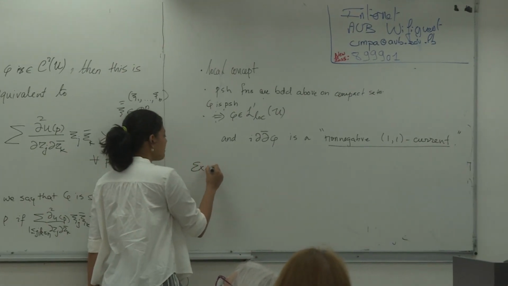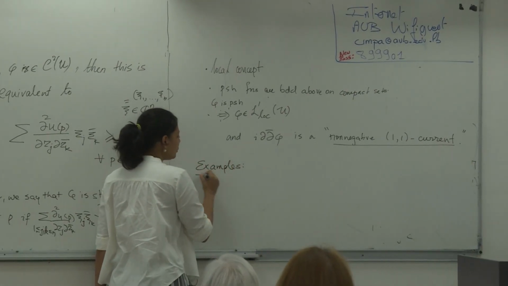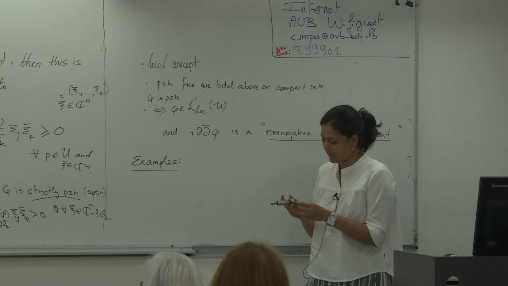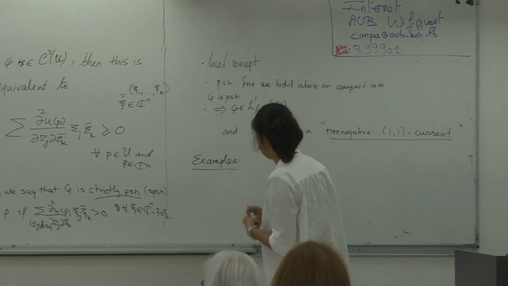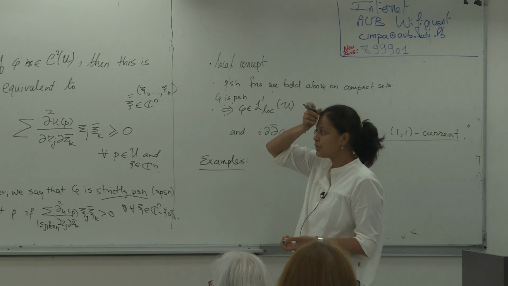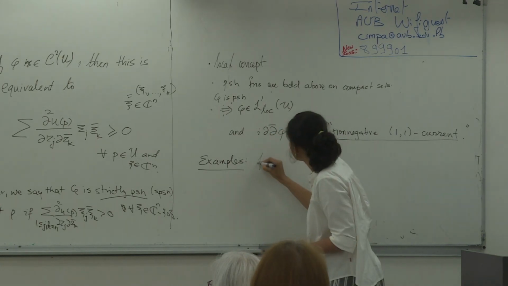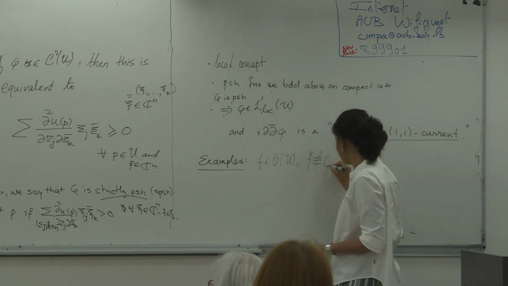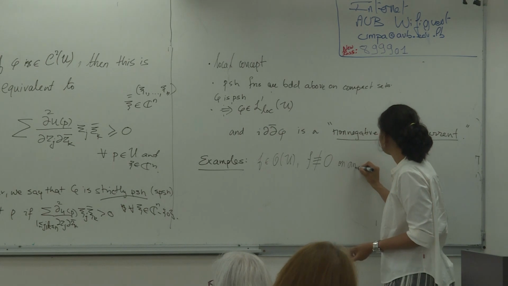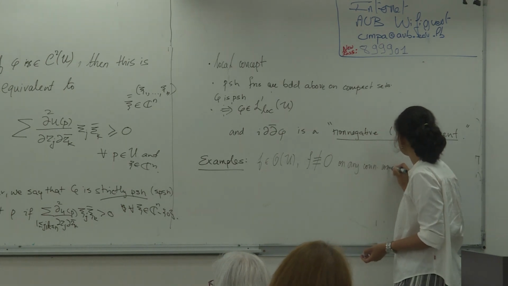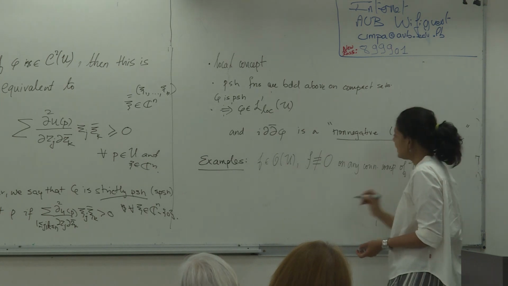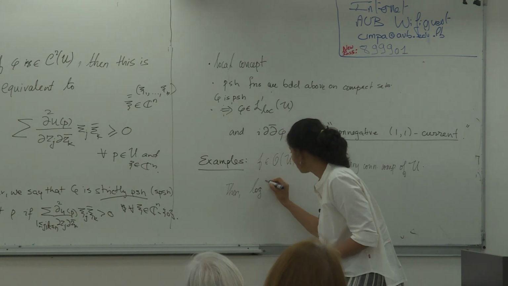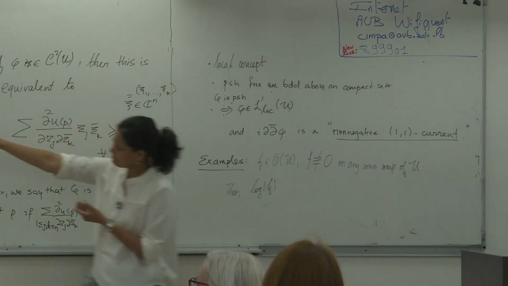And the key examples over here, and because I'm not going to prove anything, these are all ingredients of the various statements that, if you want to go back and think about them, this might help you. So the key example: what does this have to do with complex analysis? Let's take something which is holomorphic in U, and let's assume that it's not identically 0 on any connected component of U. Then log absolute value of phi, remember, we are allowing minus infinity.